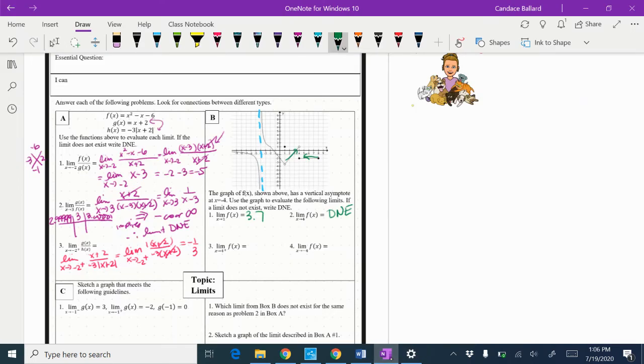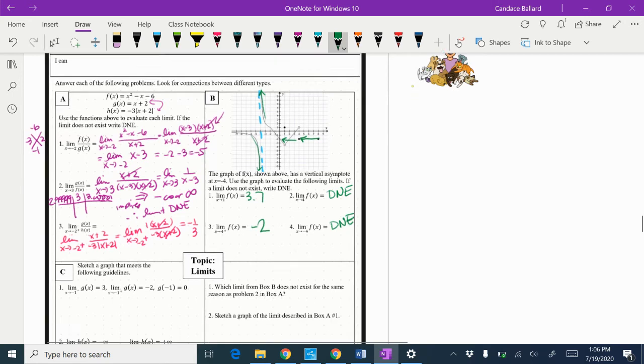And then as we approach 4 from just the right side, so if we're just coming at 4 from the right side, it's going this direction, which means its value is -2. And then we're now looking at -4. Ooh, -4 goes this direction and that direction. Because of that vertical asymptote, we know that the limits are going to be opposite of each other. So to jump plus, they're increasing without bounds. So this is definitely a does not exist, because your right and your left do not match.